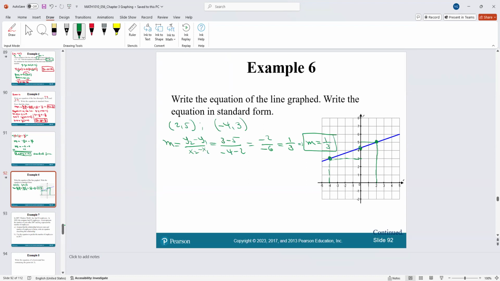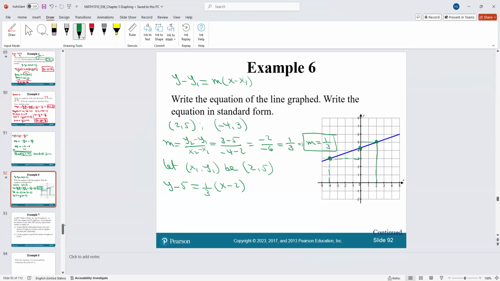We know the slope. The reason why we do that is because you would use the equation of the line y minus y1 equals m times x minus x1. So if I let x1, y1 be the first point, 2, 5, and we know m, then y minus 5 equals 1/3 times x minus 2.